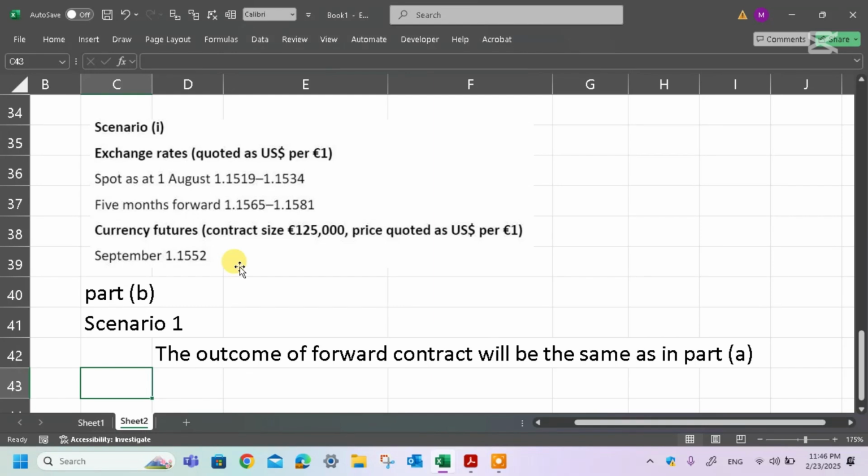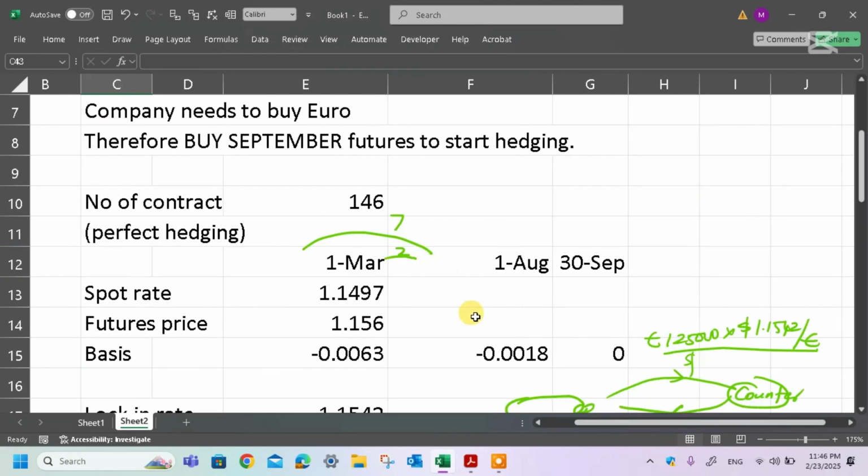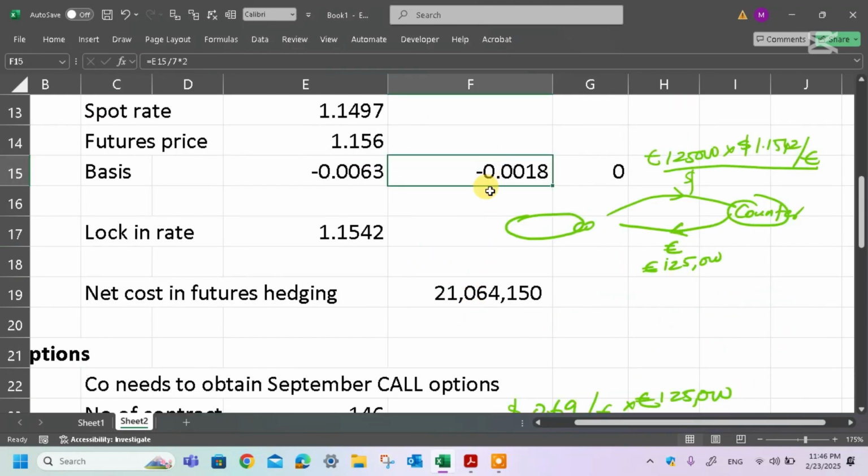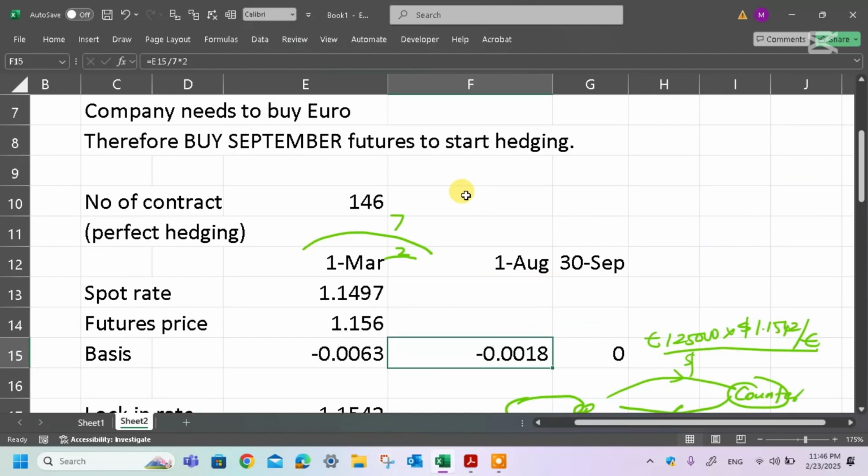Theoretically it cannot change. But there is one issue, which is basis risk. What is basis risk? If you go back and see the calculation here, we assumed the unexpired basis is going to be 18. So what is our assumption here?